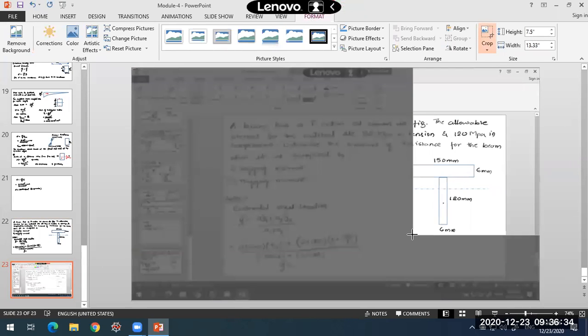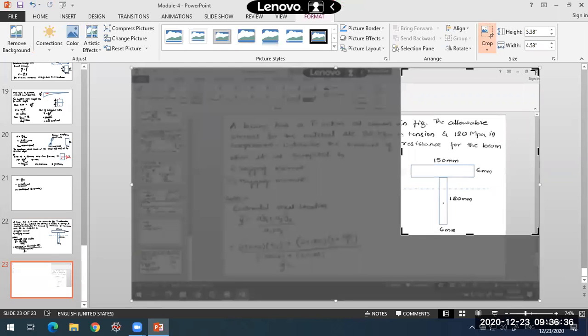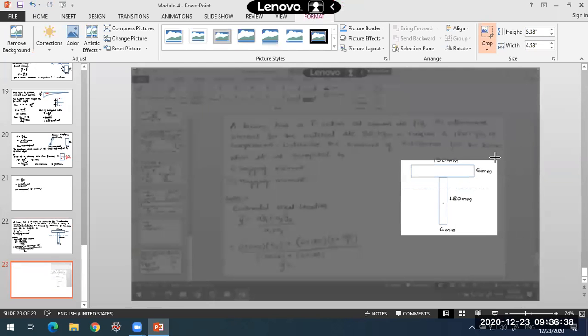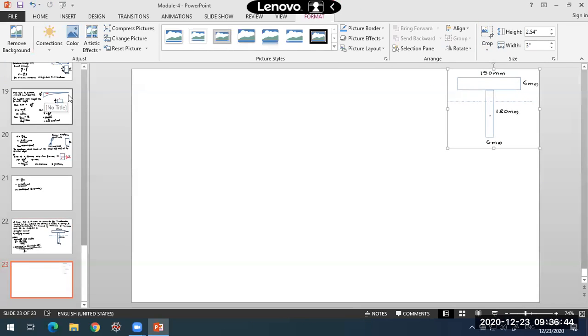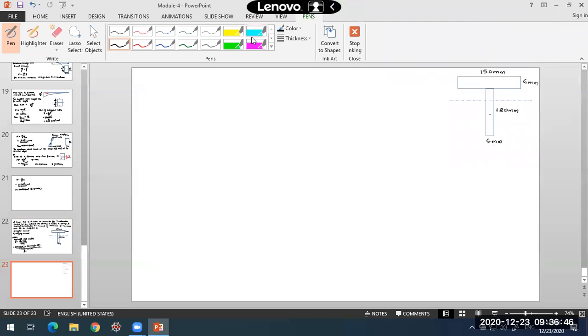Y bar will be equal to how much? Any answers for the y bar value?